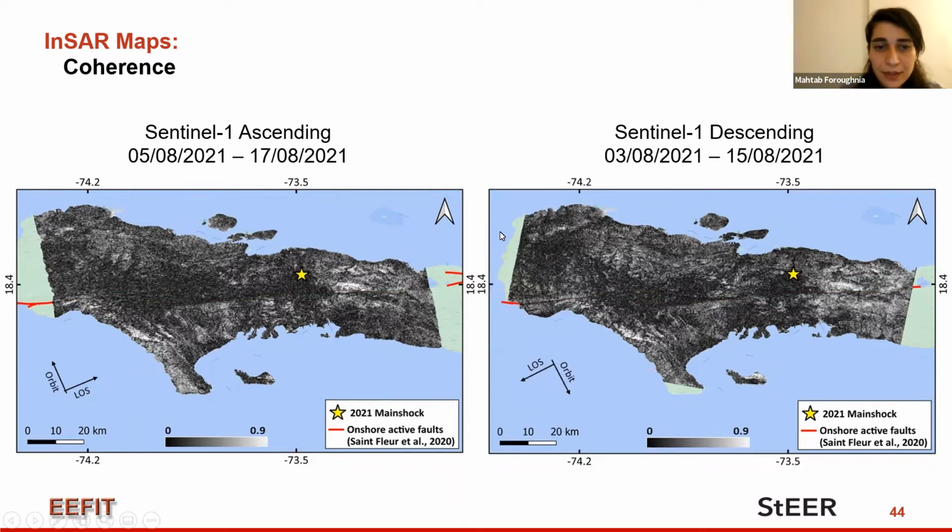On the next slide, you see that this dark line perfectly overlaps with the fault line of the 2021 earthquake of Haiti. So this kind of information can also be obtained based on the coherence data. Thank you. I'll hand over to Michael, who speaks about landslide mapping.